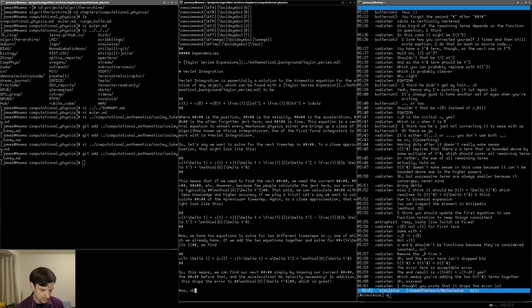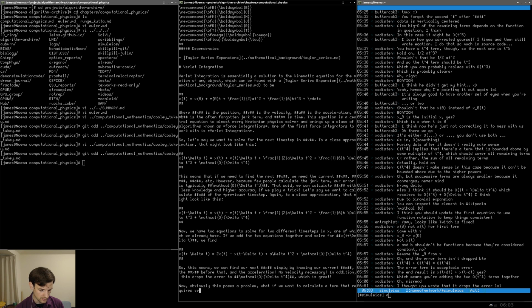Now, obviously, this poses a problem. What if we want to calculate a term that requires velocity, like the kinetic energy?